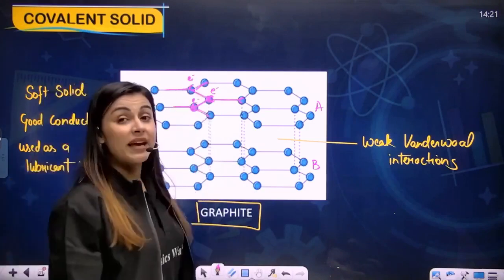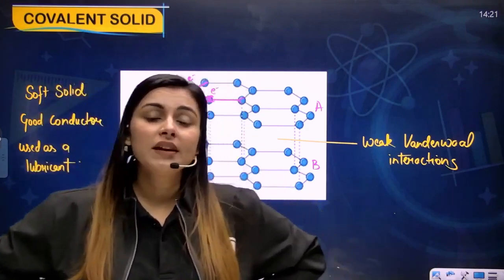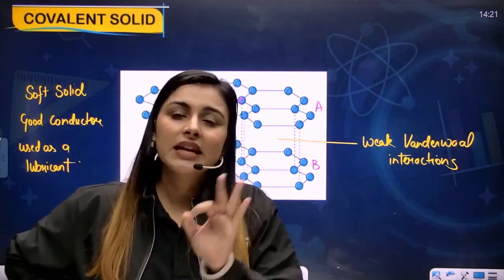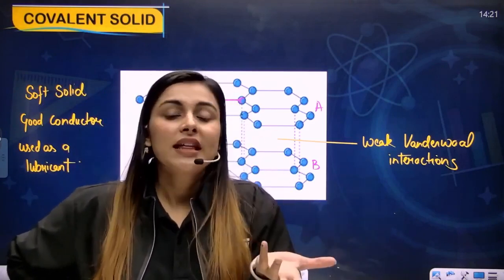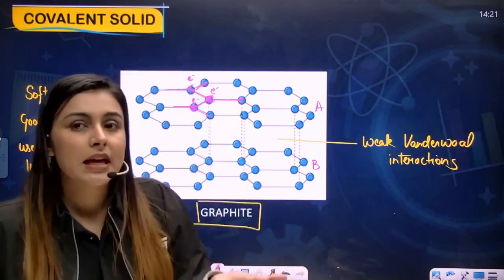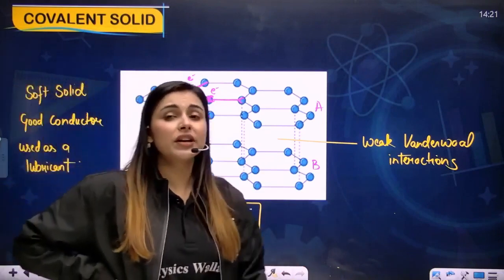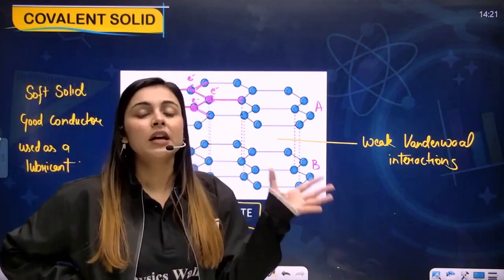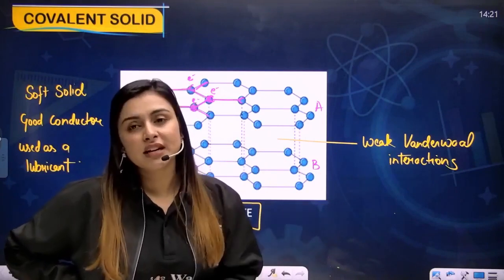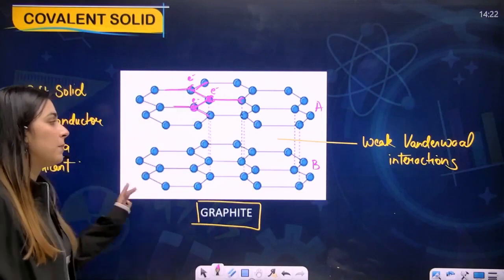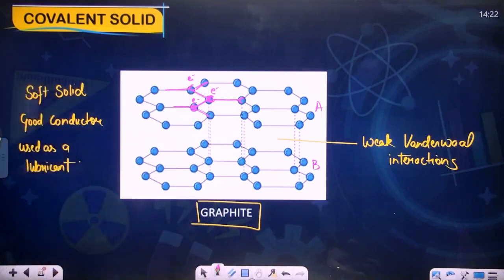So though it is covalently bonded, there are free electrons present, and since there are free electrons present, they will conduct electricity. Yes, that is the reason graphite acts as a good conductor. Graphite behaves a little differently from the properties we have studied about covalent solids, so we need to know about those. Please write it down and then we'll move forward.